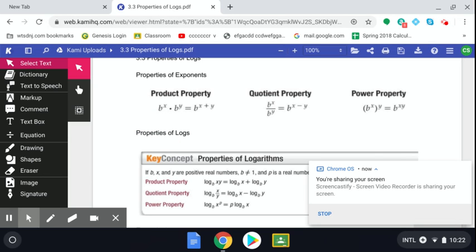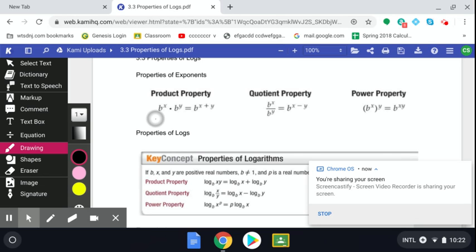If you're multiplying exponents with the same base but different exponents, you can just add the exponents. The quotient property says that if you are dividing two bases with the same base and different exponents, you can subtract the exponents, and finally, the power property, you can multiply those two.